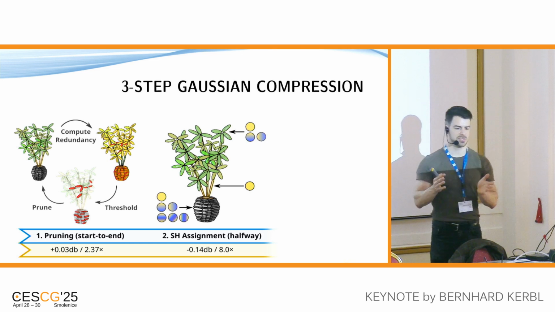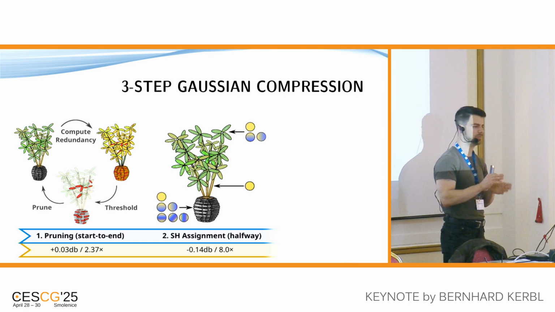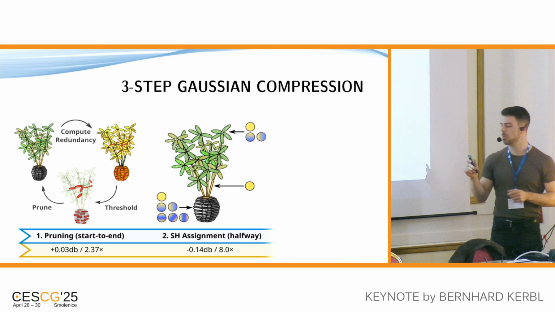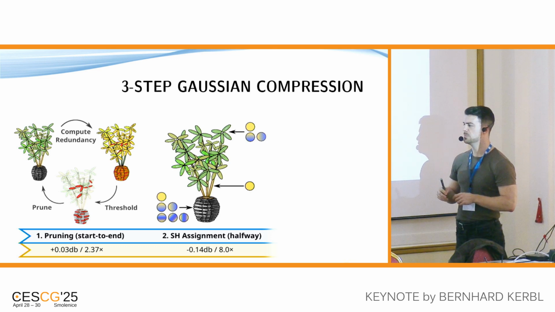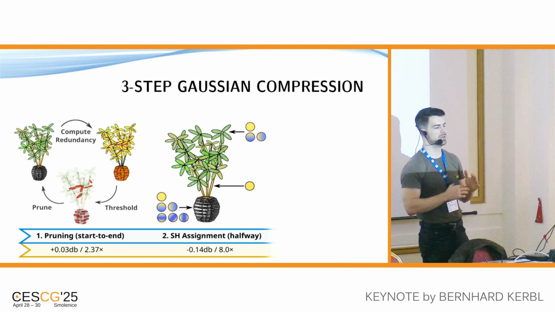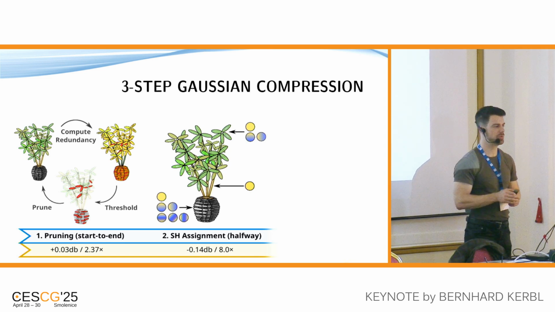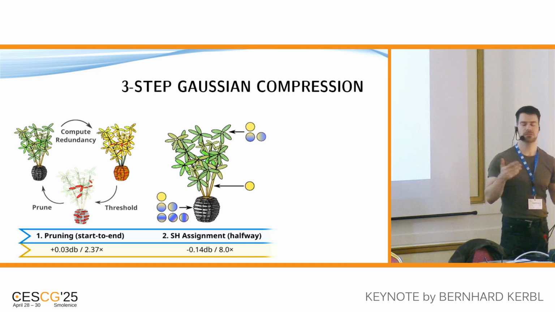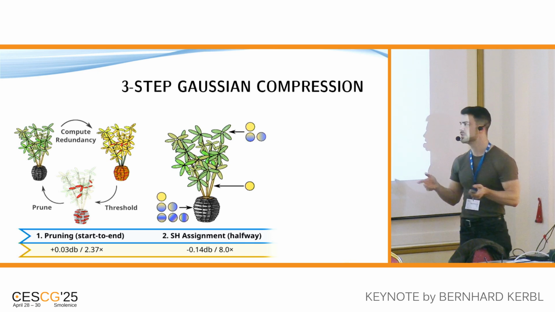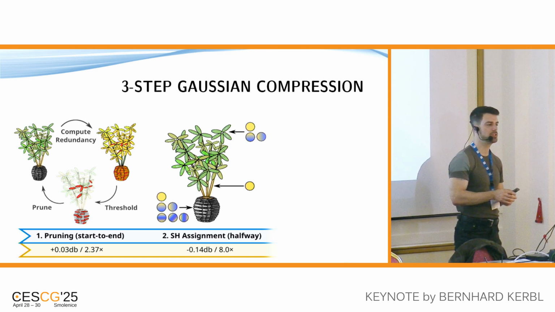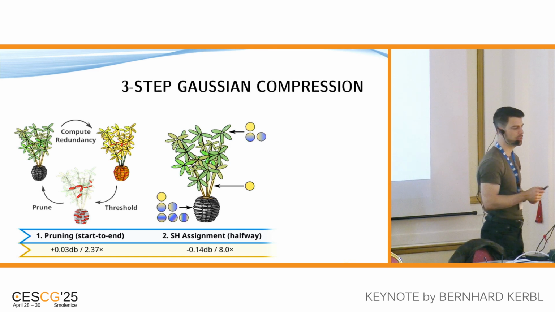If we have some parts of the scene that have these complex view-dependent effects, we can identify them, and we can give them all of the spherical harmonic bands that we have available, something in the range of 3, 4, or maybe 5. And then there are clearly other parts of the scene where everything is very simple, monochrome, and diffuse. In these regions you can get away with much less, maybe even just one band of spherical harmonics.